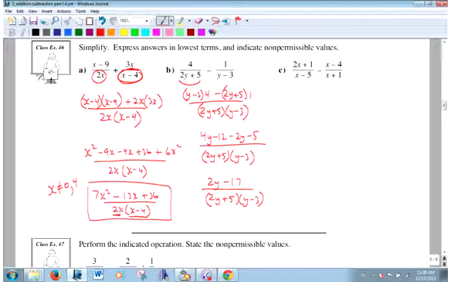Not much. Can't factor anymore in the top. There's nothing going to cancel in the bottom. Didn't do my restrictions again. y can't be 3 or negative 5 over 2.